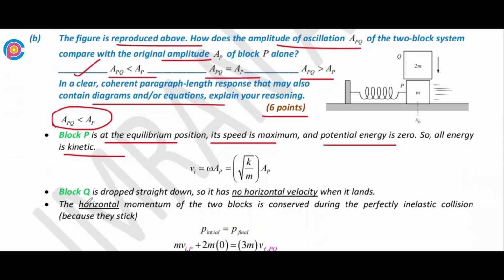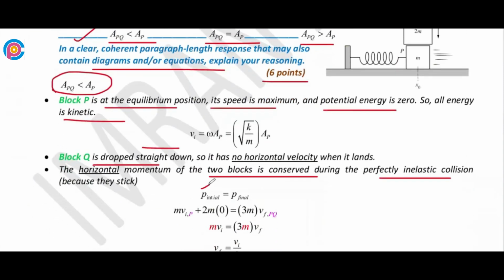Now block Q is dropped straight down from rest. It means there is no horizontal velocity at that moment. It falls straight down, a vertical fall. So the horizontal momentum of the two-block system is conserved during the collision. As we know, initial momentum should be equal to final momentum.